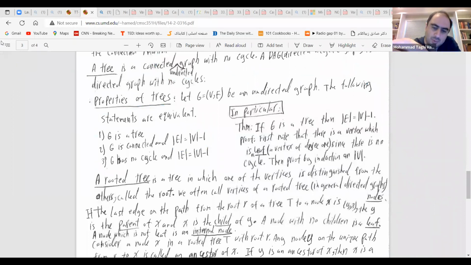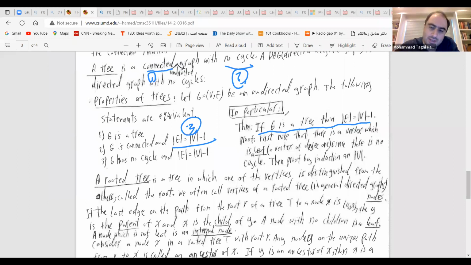I won't prove all of them. I just give some ideas about it. Lots of them you can actually prove by induction. But let's, for example, prove this one. If G is a tree, then, what's the meaning of a tree? Tree by this definition: the graph is connected and has no cycle, and this is the third one.